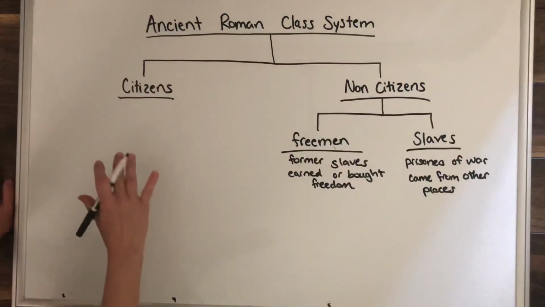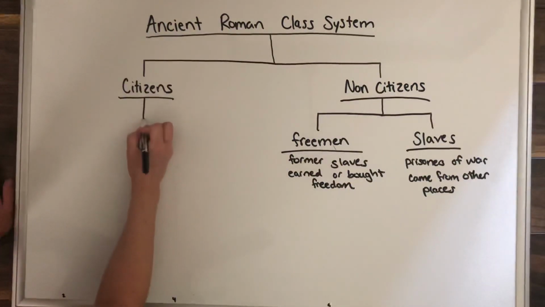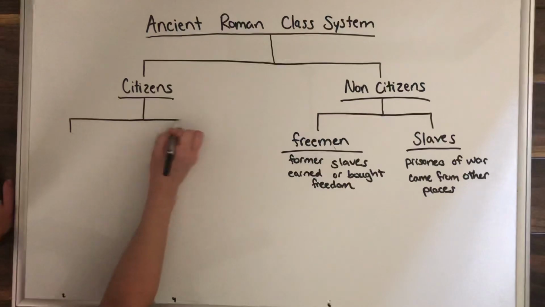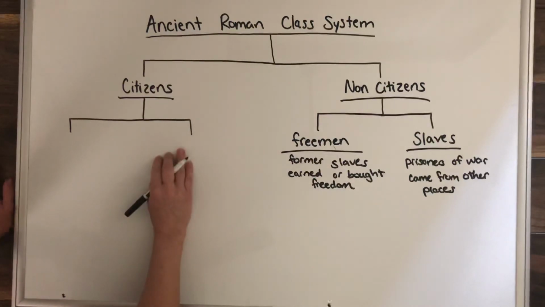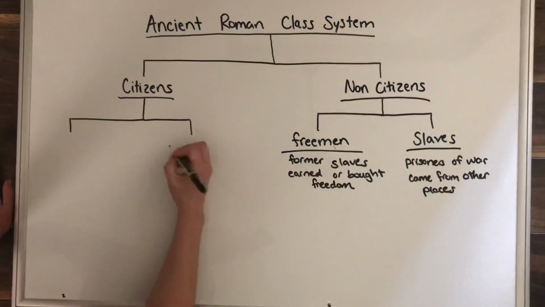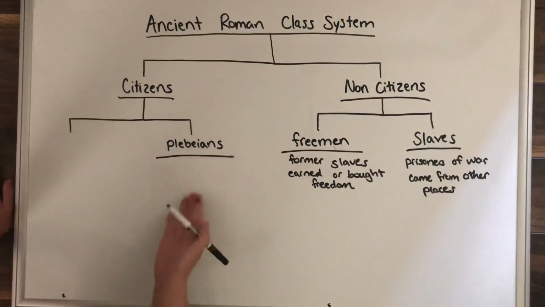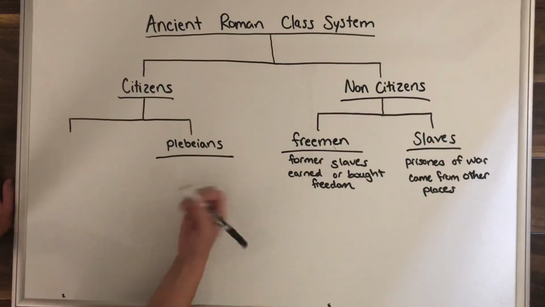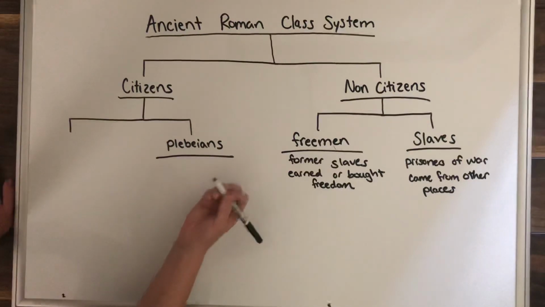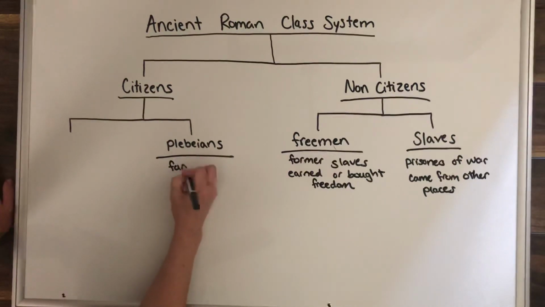We're going to move over here to our citizens, and this is where we know a lot more about. We have what's called the plebeians. I know it's a fun word to say, plebeians. I always forget how to spell it. Now, the plebeians were the common people. These were your regular, everyday farmers and merchants and traders.